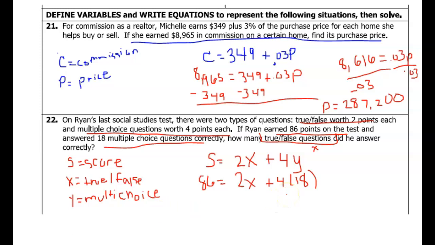Well, 18 times 4 is 72. So I'll simplify that now. And then I have 86 equals 2X plus 72. Now I just have to solve for X to figure out how many true false questions he answered. So I'm going to subtract 72 on both sides.